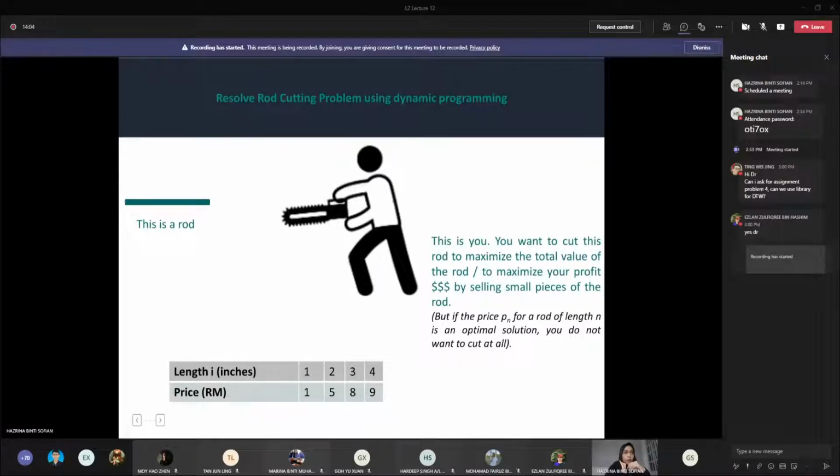Before we proceed, this is the definition of the problem. We want to maximize our value, so this is a maximization problem.